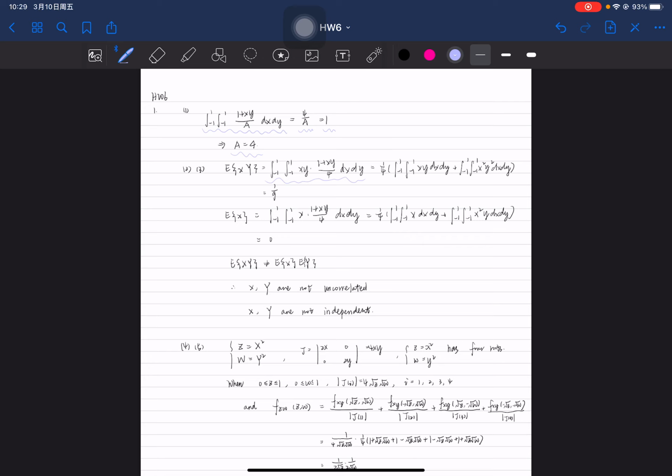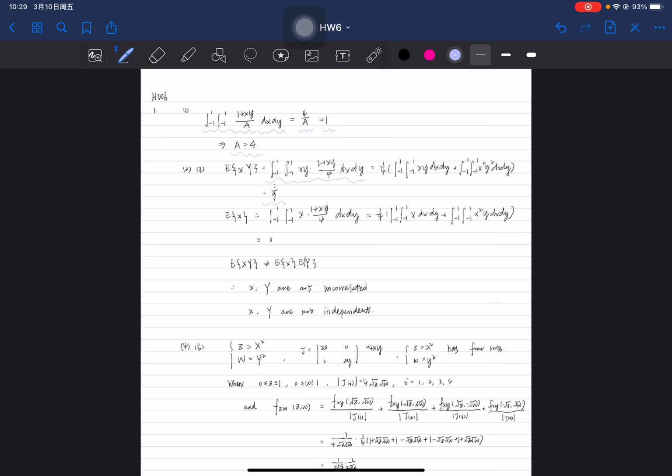After calculating, we find that the expected value of the product of X and Y is equal to 1/9.